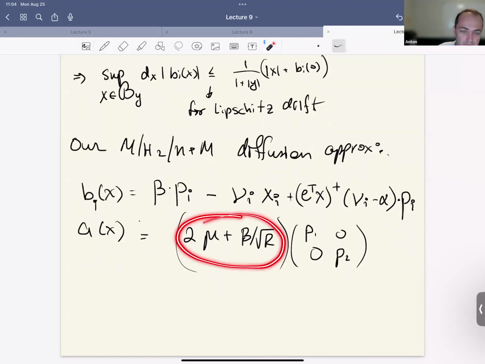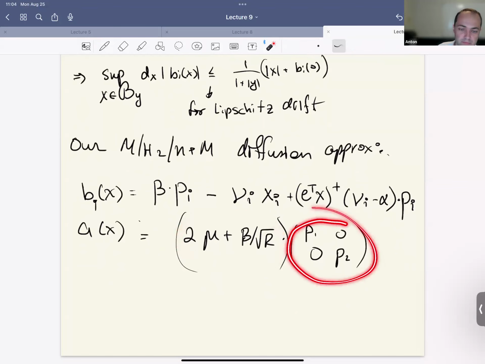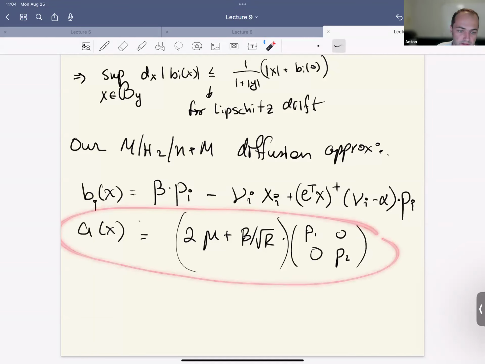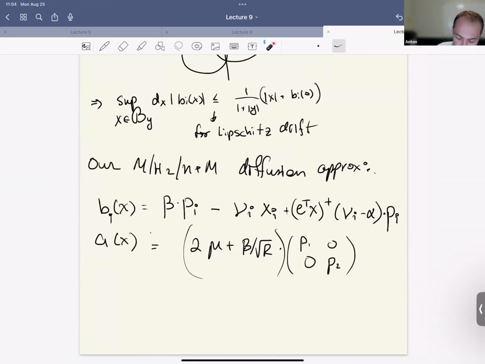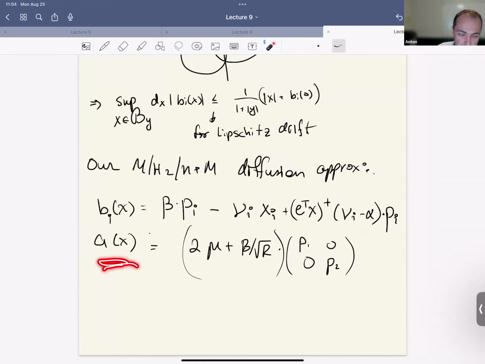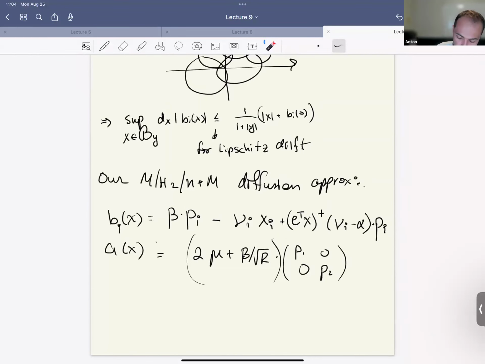This is some positive constant, and this matrix is trivially positive definite. Great. At the same time, it's also a constant matrix. So the Lipschitz, or the alpha holder constant of this diffusion coefficient, is 0 because it's a constant, or its derivative is 0. So great.